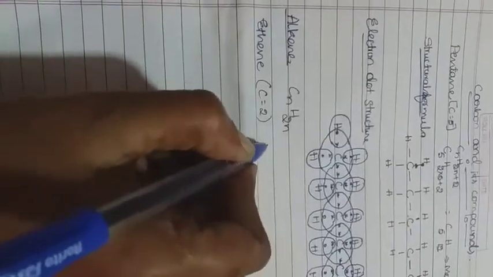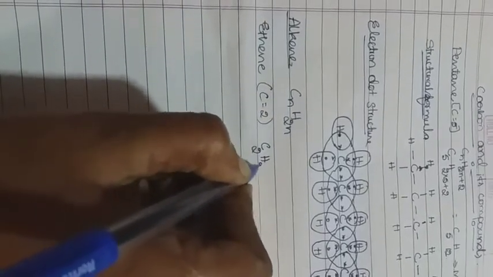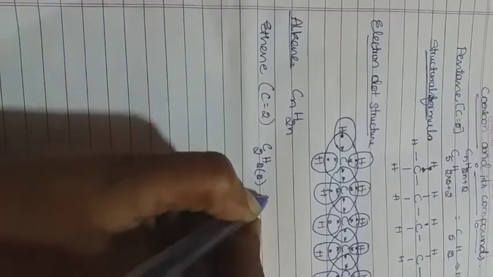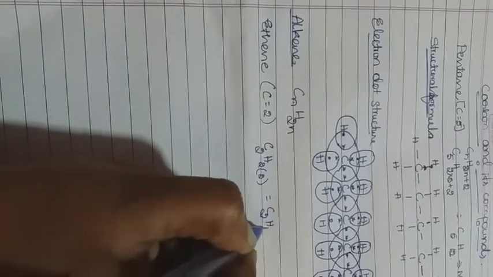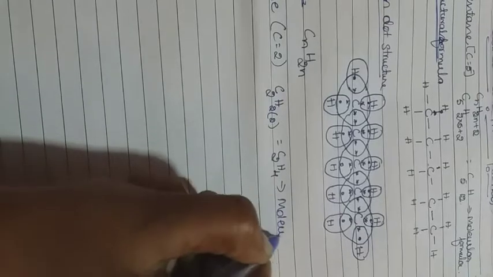So let us substitute this carbon atom number in the general formula: C2H2 into 2, that is C2H4, is the molecular formula of ethene. Keep in mind C2H4.